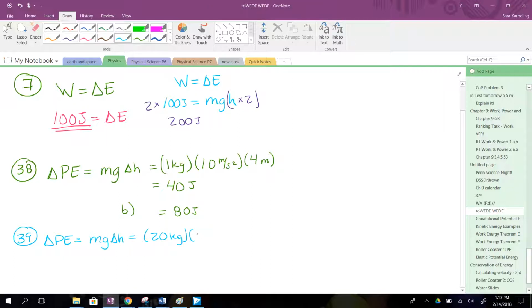Again, you can either use 10 or 9.8. My answer on the sheet used 10 because I was being super lazy. So it's going to be approximately 400, right? Because it's 20 times 10, which is 200, times 2, which is 400, or 390 something something.